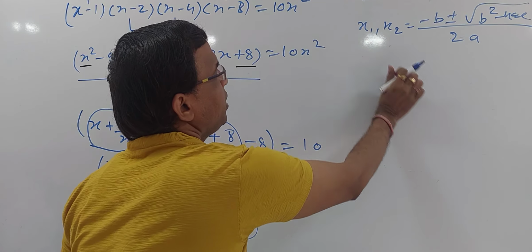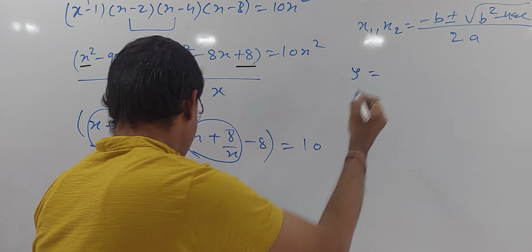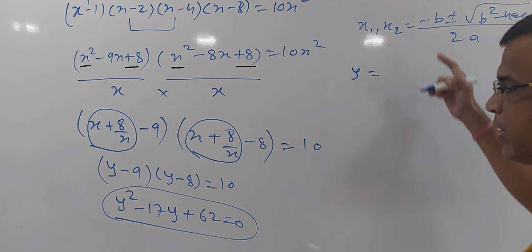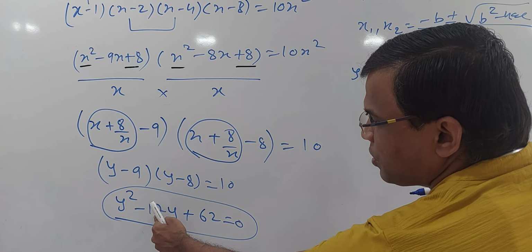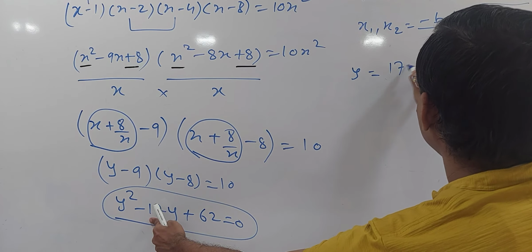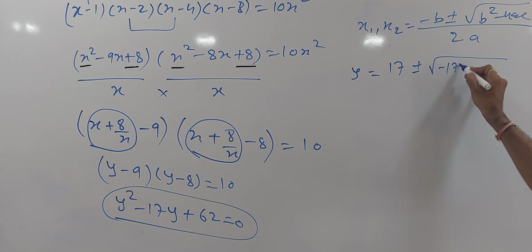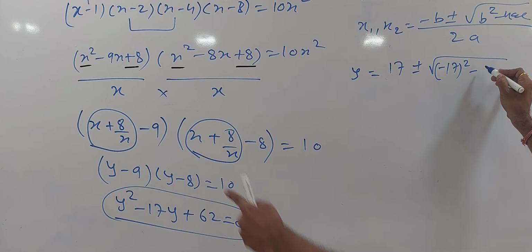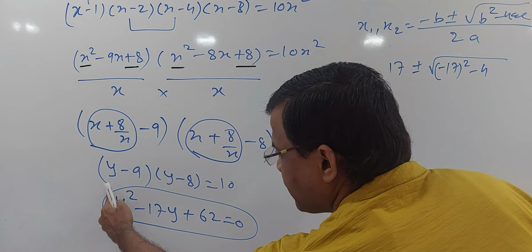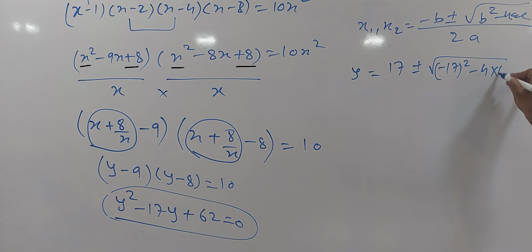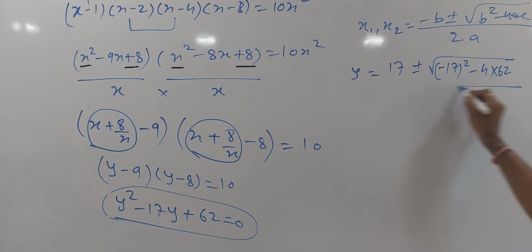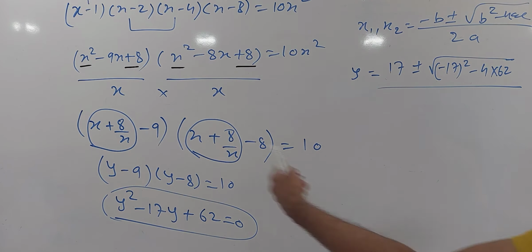So that gives me y is equal to minus b, which will be 17, plus or minus, this is minus 17 square, minus 4ac, that is 4 into a is 1, c is 62, and upon 2a is 2.